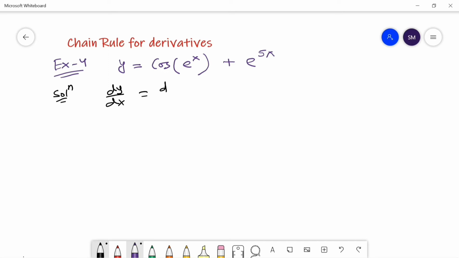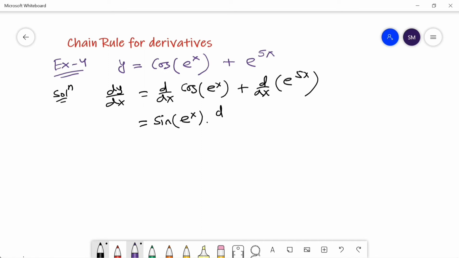dy/dx is equal to d/dx of cosine e to the power x plus d/dx of e to the power 5x. So this is by the chain rule, derivative of cosine will be minus sine, inside function as it is, and then derivative of e to the power x plus, here e to the power x, and e to the power 5x, derivative of e to the power 5x.